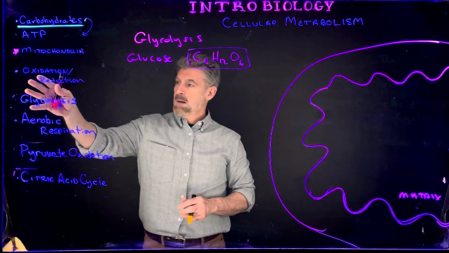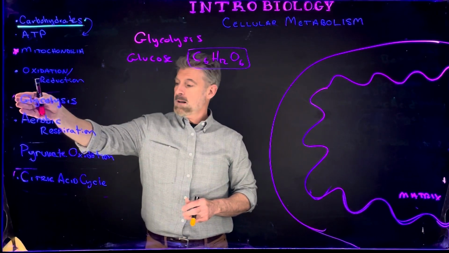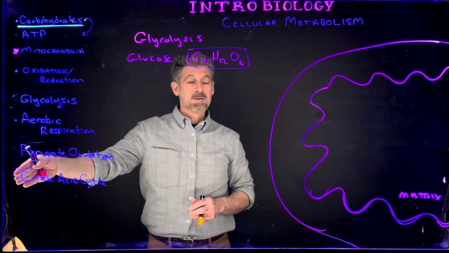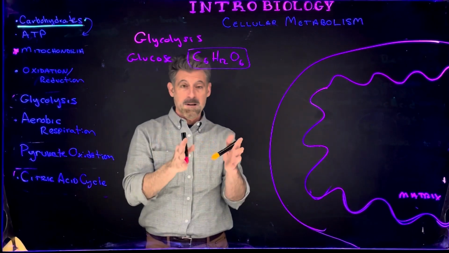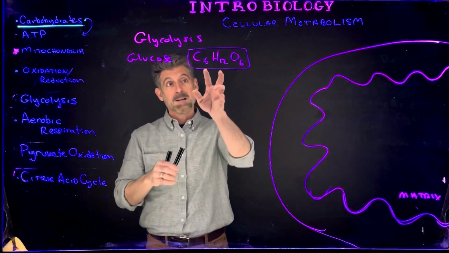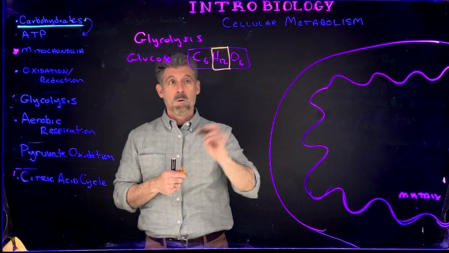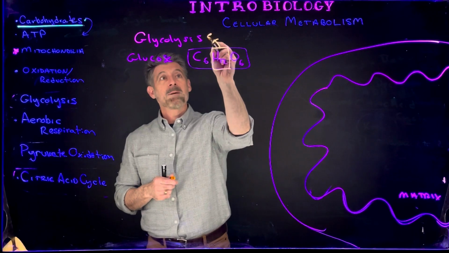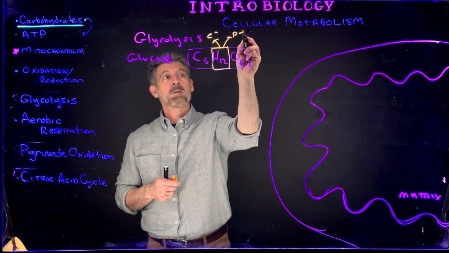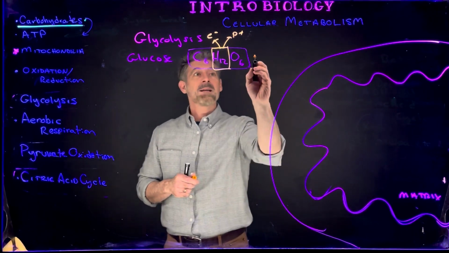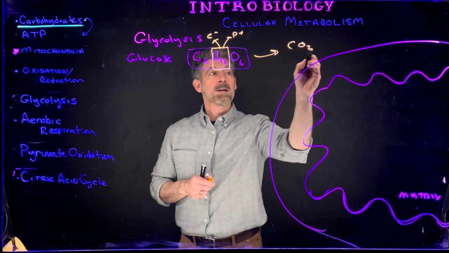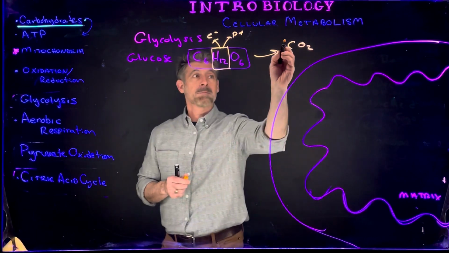So we're going to look at glycolysis, pyruvate oxidation, and the citric acid cycle. These are a series of processes that are essentially stripping the hydrogens away, separating them into electrons and protons, and then kicking out carbon dioxide as waste.